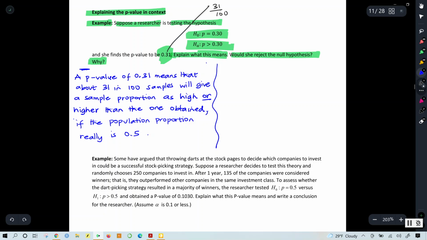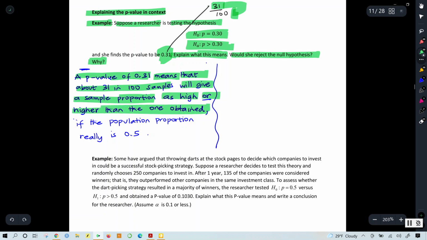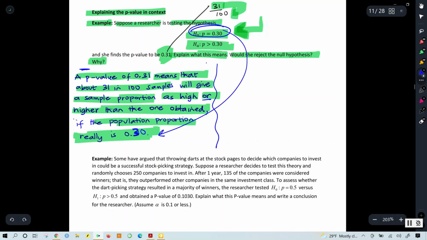So what a p-value of 0.31 means is that 31 in 100 samples will give a sample proportion as high or higher than the one obtained in the sample data, under the assumption that the population proportion is really 0.30, based on the null hypothesis. That is what the p-value means.